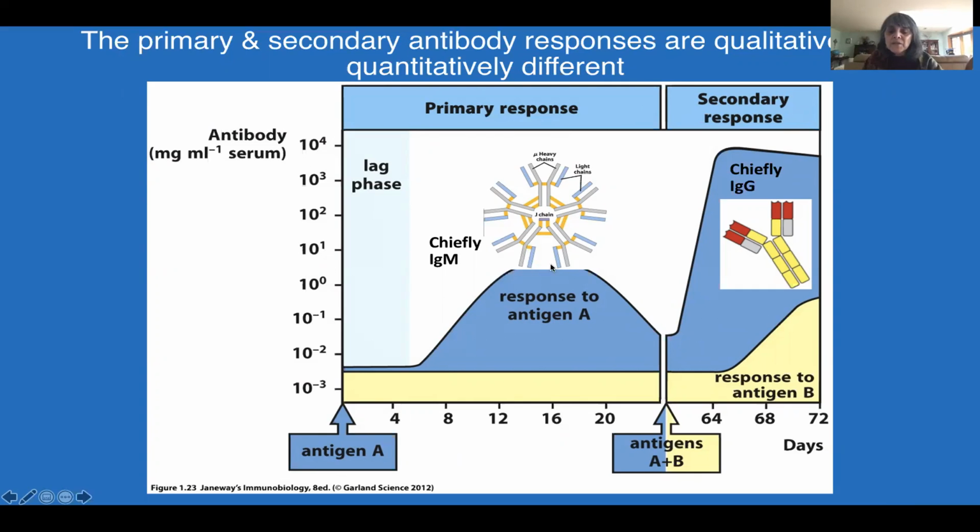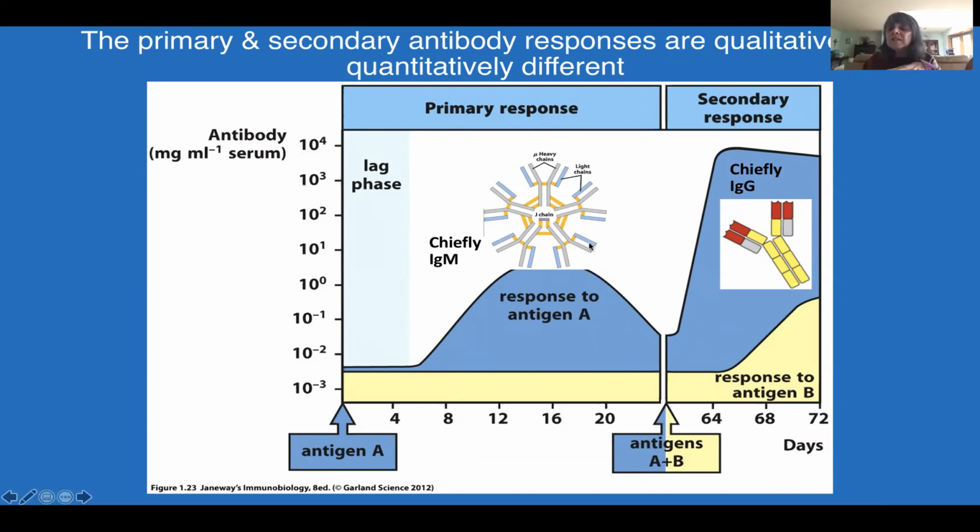And the amplitude of that response is rather low and it wanes. If you get exposed to that antigen again, although this response waned, there's actually a huge army of memory B cells and T cells. And so when you get exposed to the antigen again, it only takes 48 to 72 hours to launch a response, and it tends to have a much greater amplitude and it's much longer lasting.